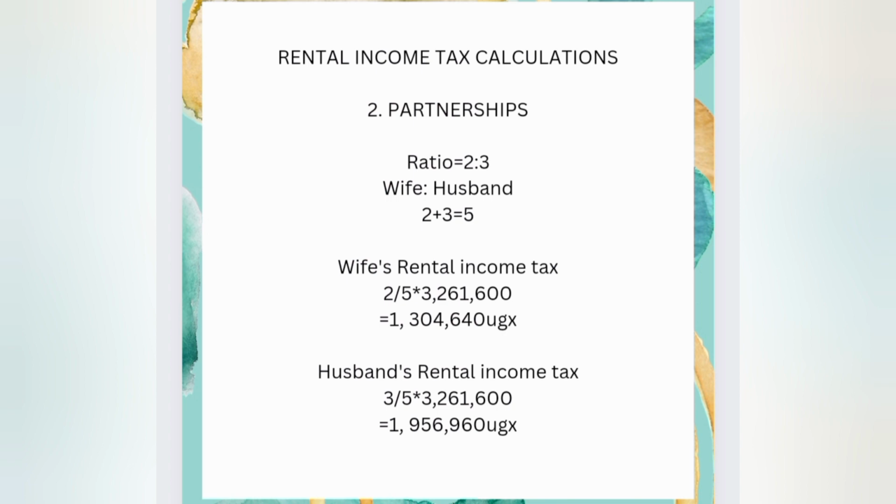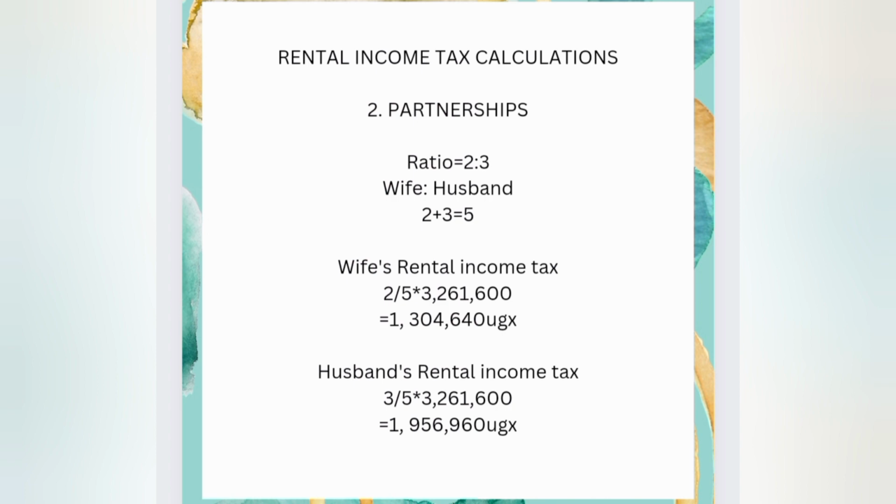So in calculation of ratios, we first have to get the sum of the ratios, so the sum is always the denominator, then the ratios are the numerators. So here we'll calculate the wife's rental income tax, which is 2 divided by 5 times the total rental income tax for husband and wife, 3,261,600.